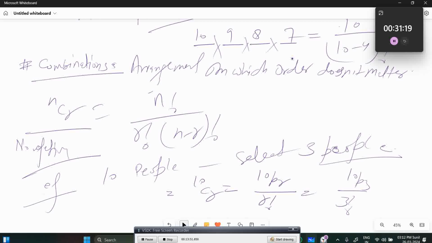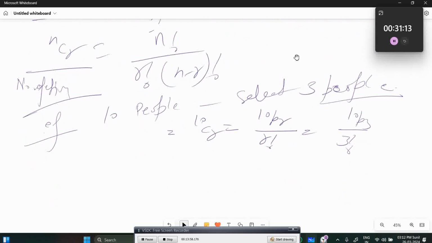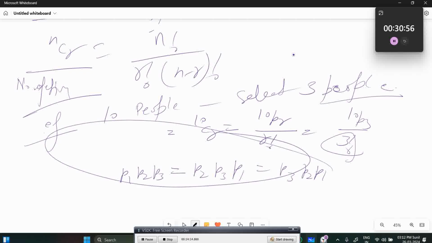We divide by 3 factorial because people 1, 2, 3 is equal to people 2, 3, 1, which is equal to people 3, 2, 1. All these arrangements are equivalent to each other.